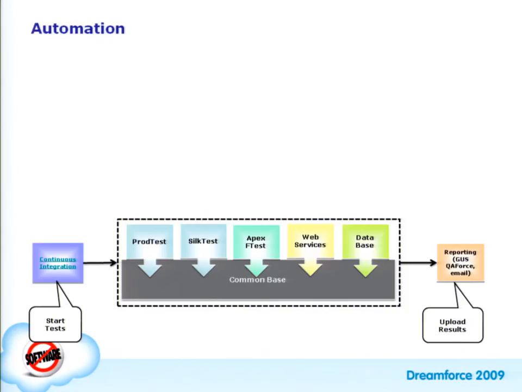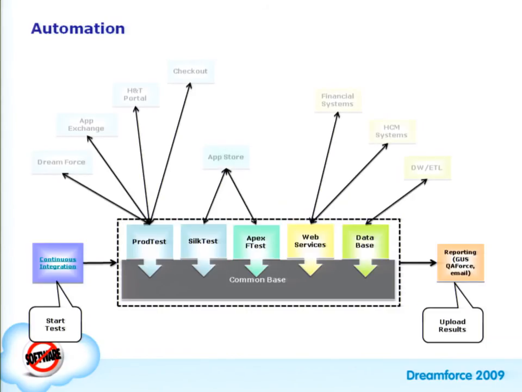So how do we use this framework? You did see a lot of applications in the first slide I showed you. So for example, a Dreamforce application, or an App Exchange application, or an HNT portal. We look at the application and see, okay, what's most beneficial? Where should we focus our automation?